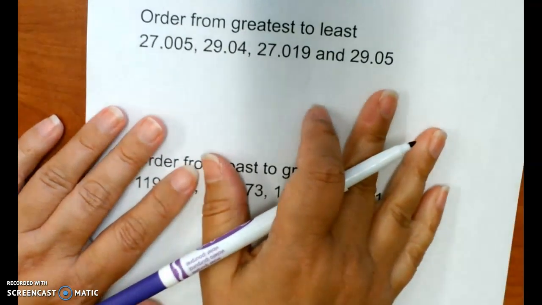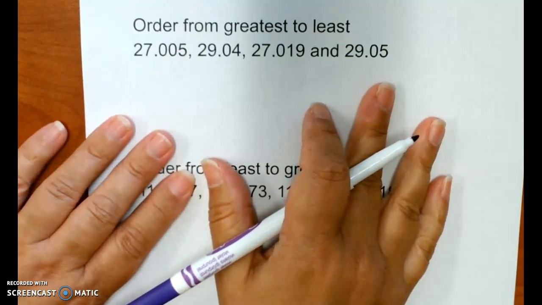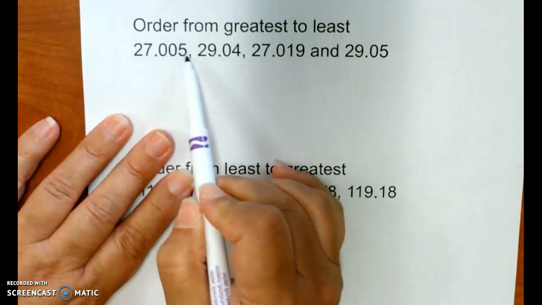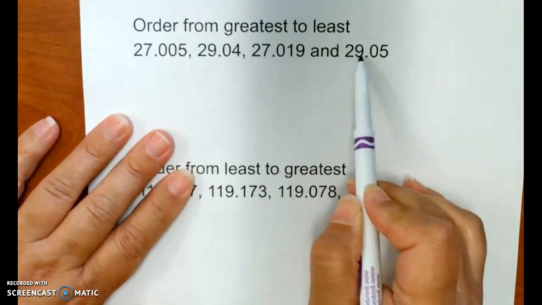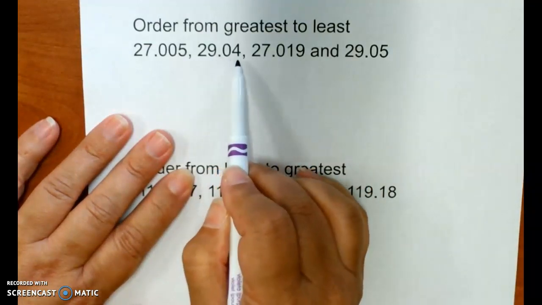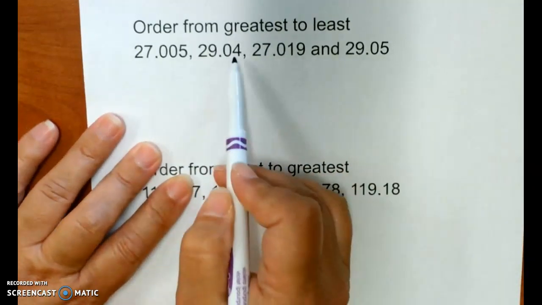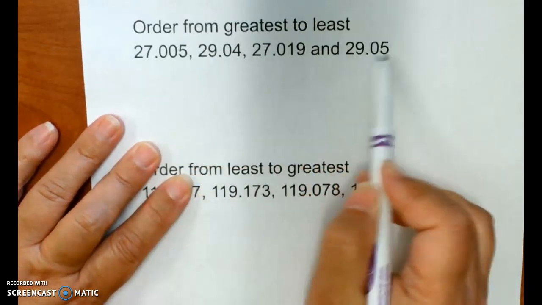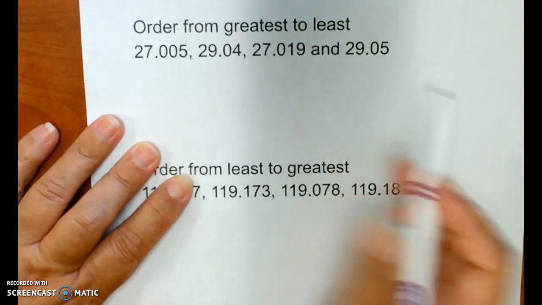Next, I'm going to put these in order from greatest to least. So I need the biggest number. So if I look, I have 27 and 5 thousandths, 29 and 4 tenths, 27 and 19 thousandths, and 29 and 5, sorry, this is 29 and 4 hundredths, and 29 and 5 hundredths. I know that 5 hundredths is bigger than 4 hundredths, and 29 is equal to 29. But this is what I'm paying attention to because that's where I find my first place value with a different value.